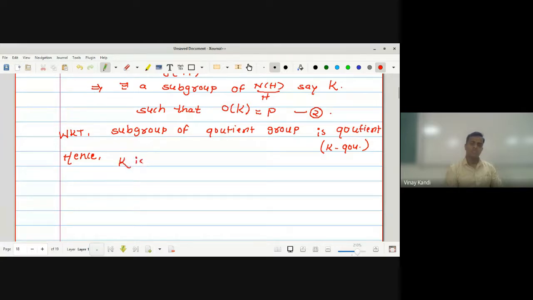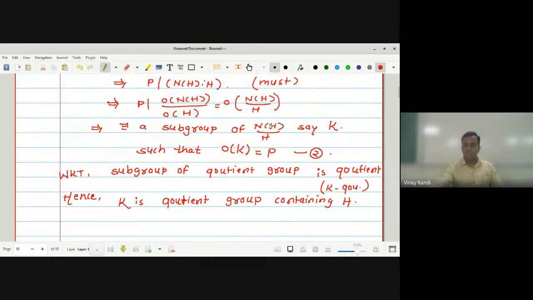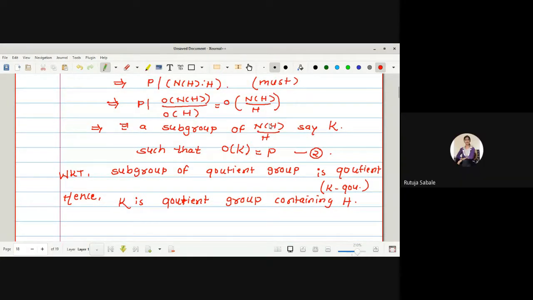K is quotient group containing H. Why H? So look at here. What is the identity of this group, NH upon H?